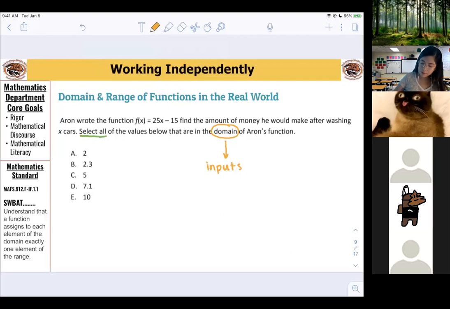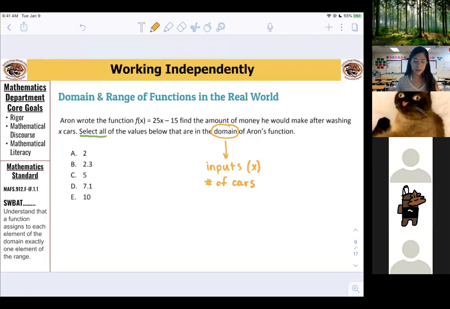X. And what does X represent? The number of cars. So what this is asking me basically is which of these numbers make sense if I need to plug them in. If I'm talking about number of cars, which of these numbers are reasonable values to plug in?